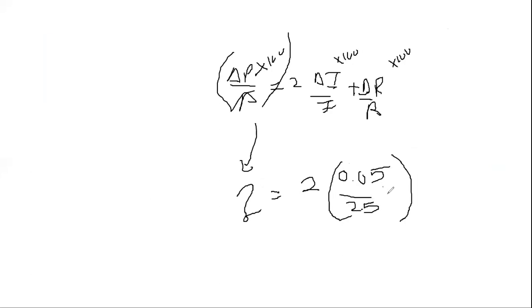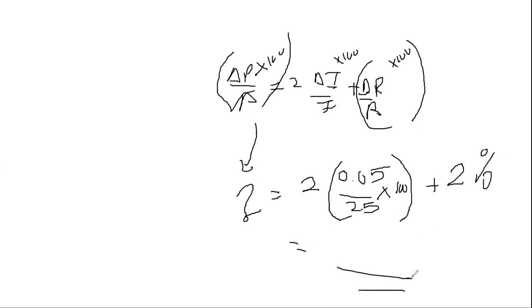Times 100% plus these changes of R over R times 100%, we know it's already 2%. So what's the final answer? 6%. That's how you do the working.